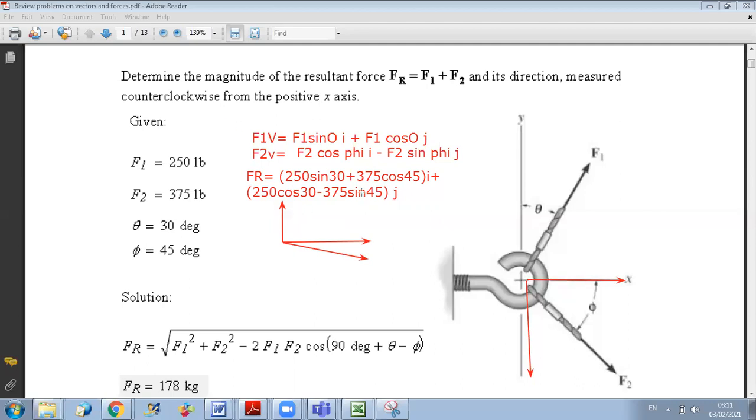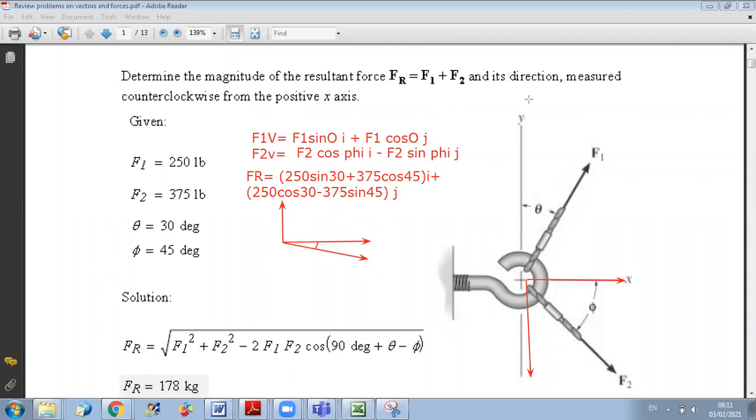Can anyone verify the calculation of this number, if it is positive or negative, please? Because cosine 30 is radical 3 over 2, while sine 45 is radical 2 over 2. Yes, minus 48. So it is negative. Okay, very good. So I should find this angle to determine the direction with the positive x-axis.